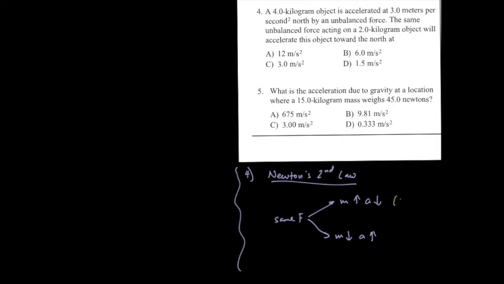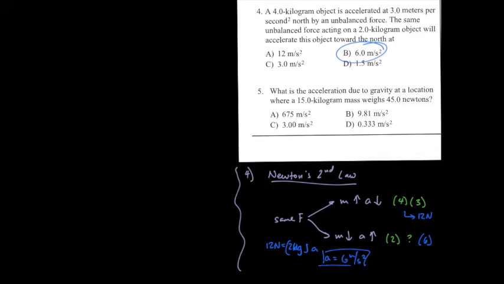Mass and acceleration, if they experience the same force, have an inverse relationship. One goes up, the other goes down. So if 4 kilograms gets 3 meters per second squared, a 2 kilogram object should experience a greater acceleration, 6 meters per second squared. You can also use the equation F equals ma and solve for it. You get 12 newtons for the first object. Carry that over to the second object and you should get a equal to 6 meters per second squared.